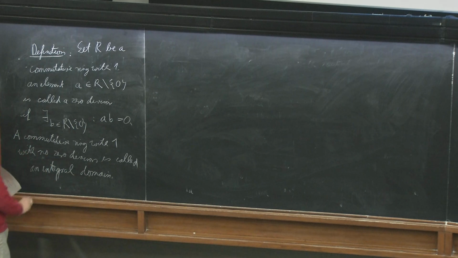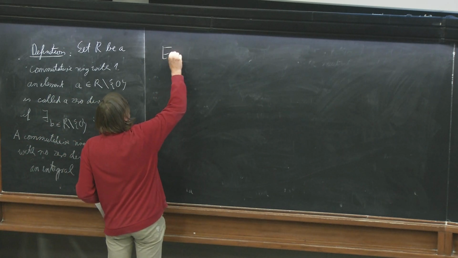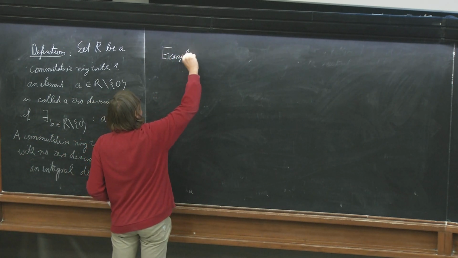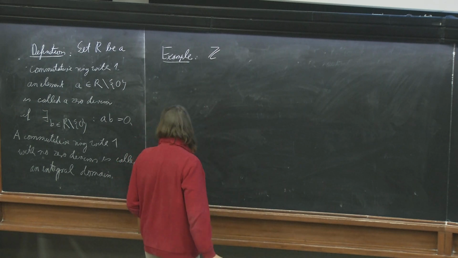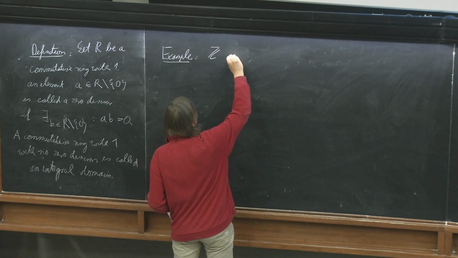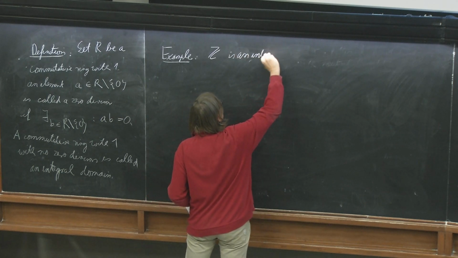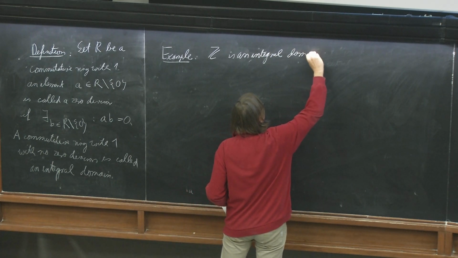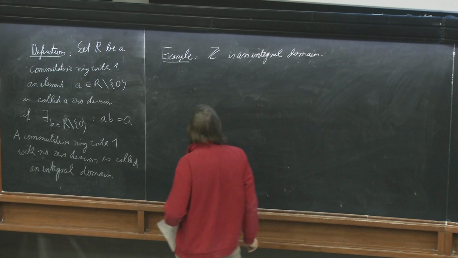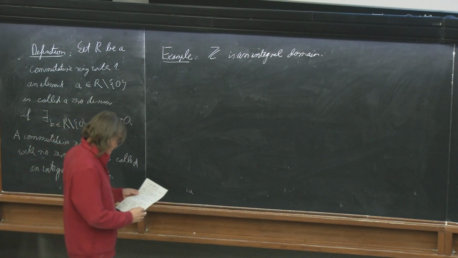Integral domain somehow reminds us of the integers. So as an example, we have that if we take Z with the usual addition and multiplication, this is an integral domain. We know that we cannot get 0 by multiplying two non-zero numbers in the integers.